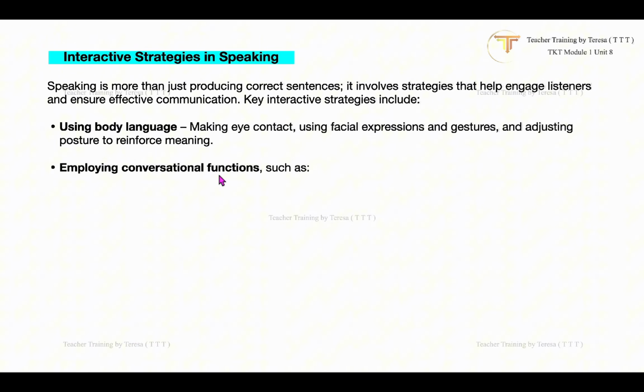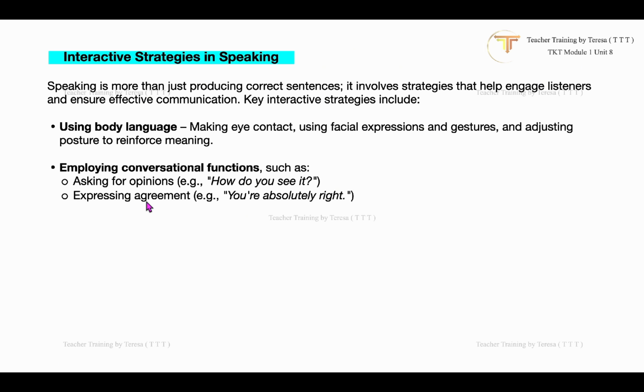Employing conversational functions, such as asking for opinions, example, how do you see it? Expressing agreement, example, you're absolutely right. Offering suggestions, example, how about? Clarifying meaning, example, what I mean is.